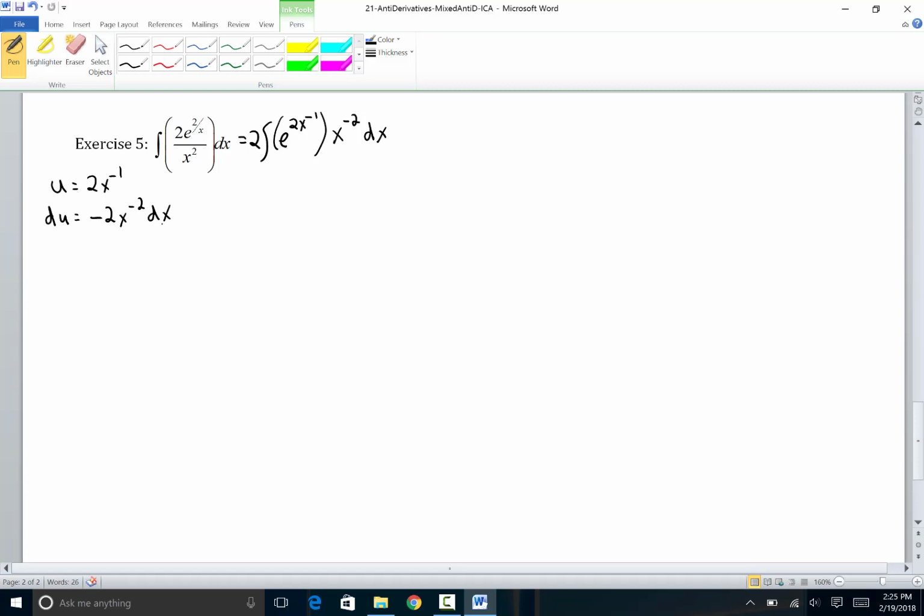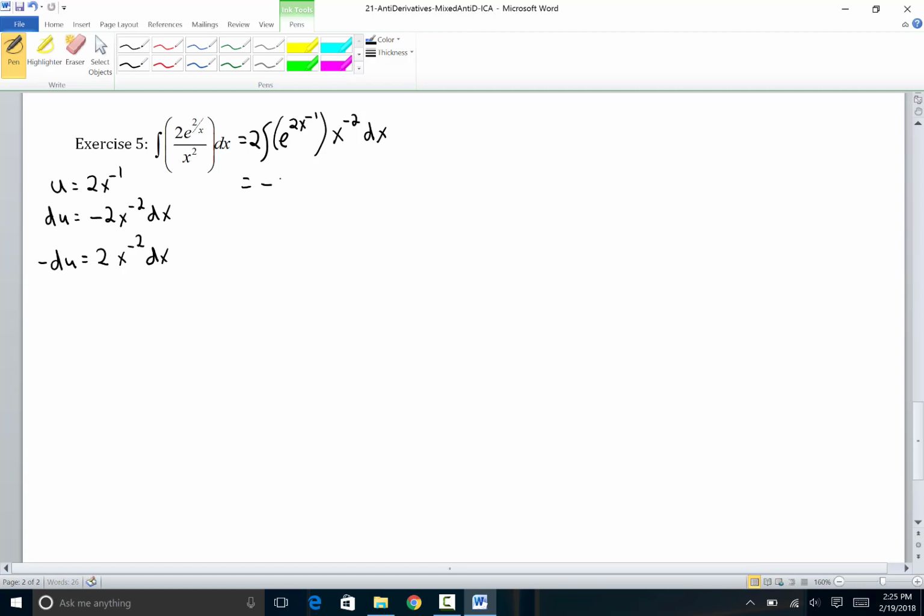And I've got bits and pieces there, right? I don't have a negative, so I'm going to move that negative. Oh, I've got a 2. I don't want to move the 2. So I'm going to move the negative to the left, but I'm going to leave the 2 there because there's a 2 in my original. And I see x to the negative 2 and dx, so I'm good to go.